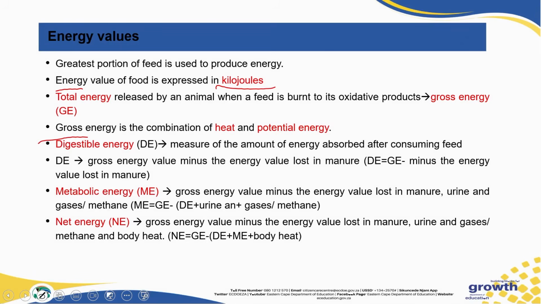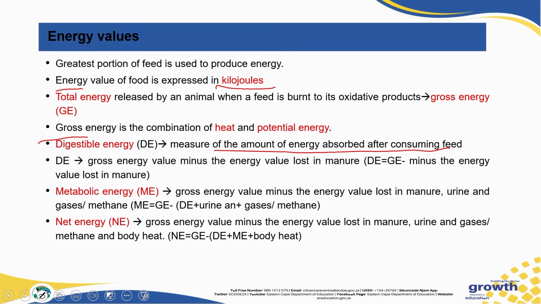The body of an animal now gets heat and energy after getting this feed. So when an animal starts to defecate, that is, it excretes manure, we talk of digestible energy.